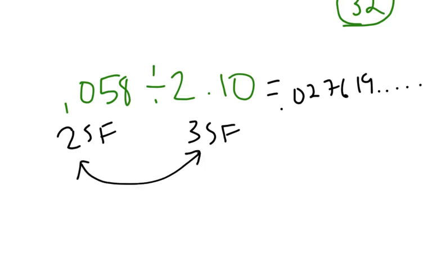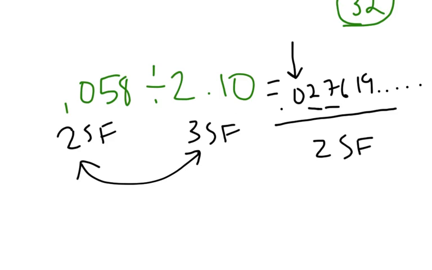Between these two, I can see that 2 sig figs is the smallest number of sig figs. So that means I need to round this number to 2 significant figures. Normally we count over 2 places, but because of this 0, I'm going to skip that 0 and then count over 2 places, because leading zeros are not significant.